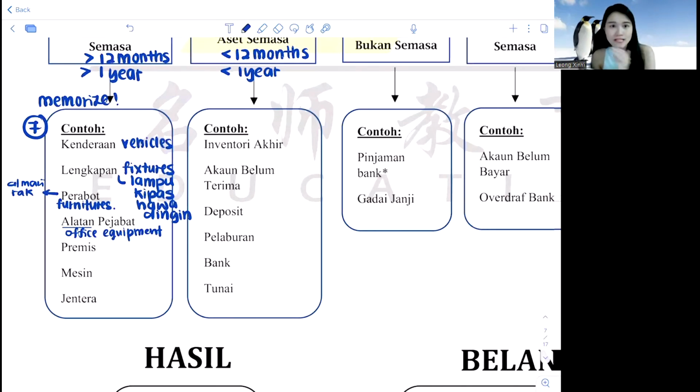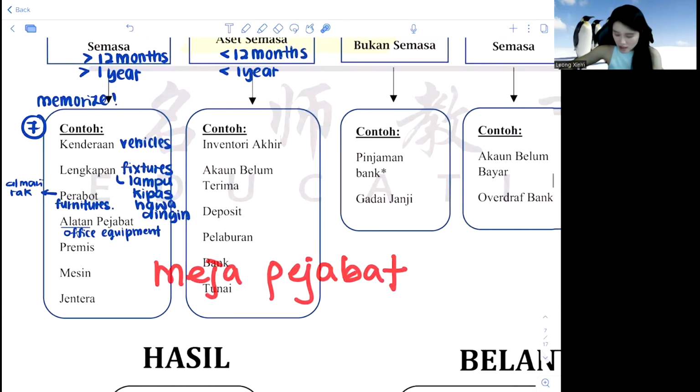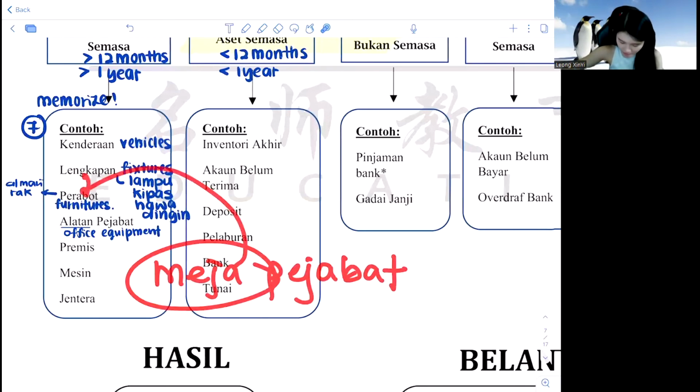These are office equipments. So if I say meja pejabat, is it perabot or is it alatan pejabat? So this is going to be the same concept like just now you guys asked me, lampu meja, right? What is the key point? Lampu. Here, meja pejabat. Which one is key point? Pejabat. No. Key point is meja. So meja is under perabot.